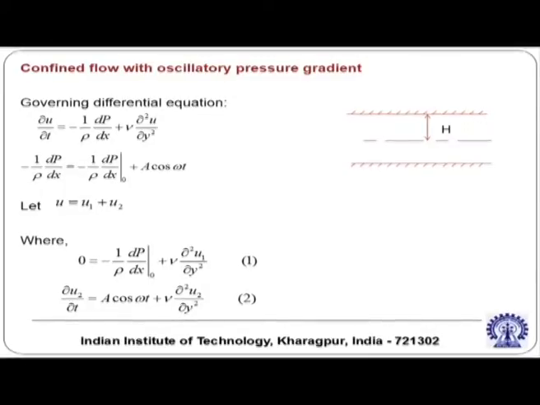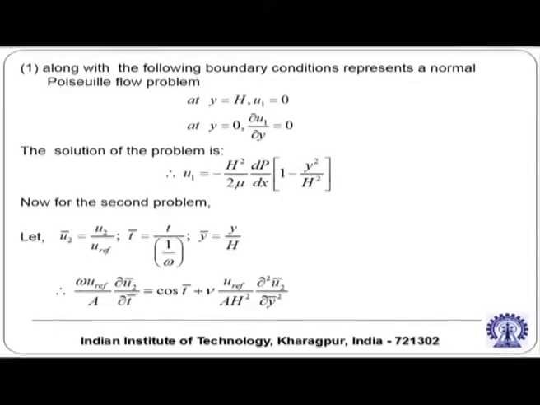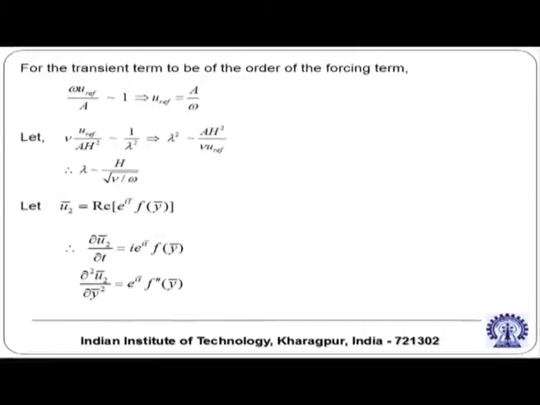Confined flow with an oscillatory pressure gradient. Just a recapitulation: you have u equal to u1 as the solution for the first problem, which is the steady part of the problem, and for the second problem you have various terms, whose relative importances we have discussed.